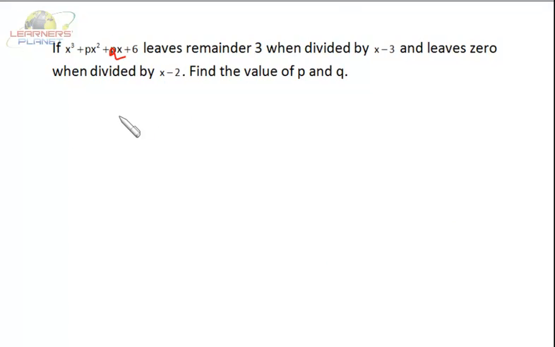Now let's see this interesting question. If x cubed plus px squared plus qx plus 6 leaves remainder 3 when divided by x minus 3 and leaves 0 when divided by x minus 2, then we have to find out the value of p and q. Suppose this is f(x). So f(x) is equal to x cubed plus px squared plus qx plus 6.